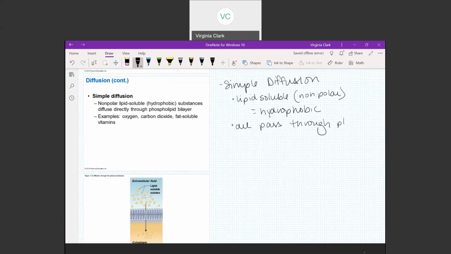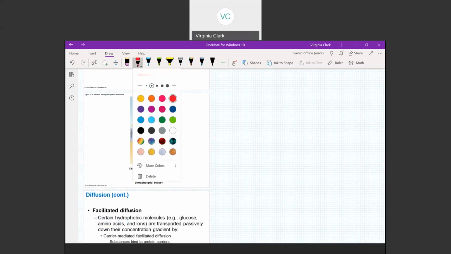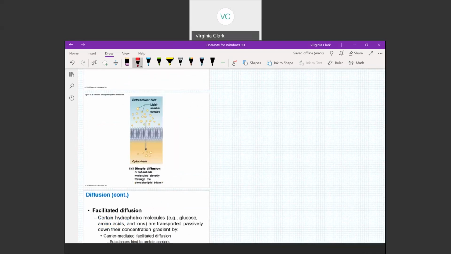Simple diffusion: things just pass through. Some examples are oxygen, carbon dioxide, and fat-soluble vitamins. They like the hydrophobic inside, so they simply pass on through, moving from an area of high to an area of low concentration.